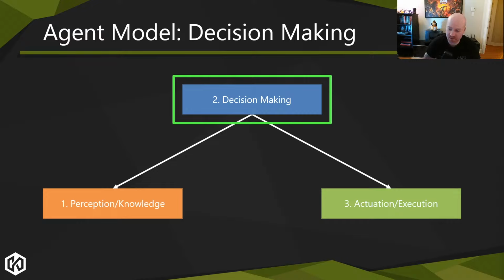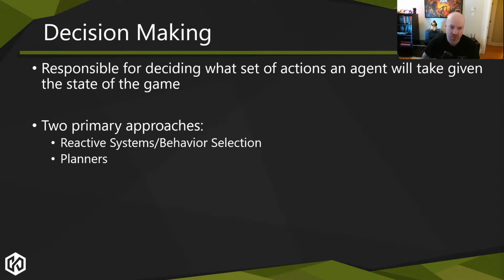So coming onto the decision making aspect. What is decision making? Technically, it's just deciding what set of actions an agent needs to take given the current state.